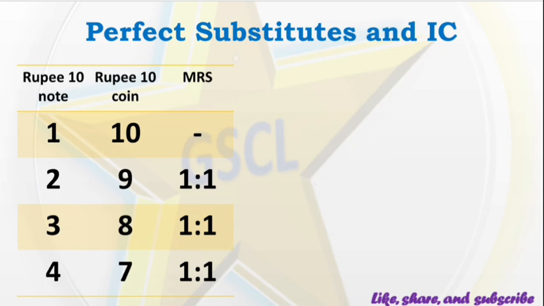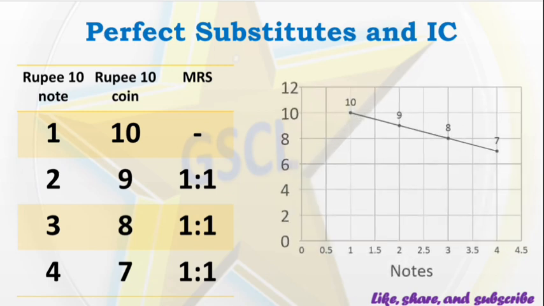What matters is the amount in hand and whether it is considered as legal tender or not. Here, giving up and taking in ratio, that is marginal rate of substitution, remains constant. This will give us a straight indifference curve rather than an indifference curve which is convex to the origin.